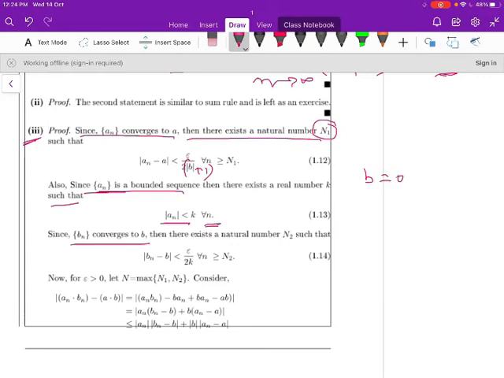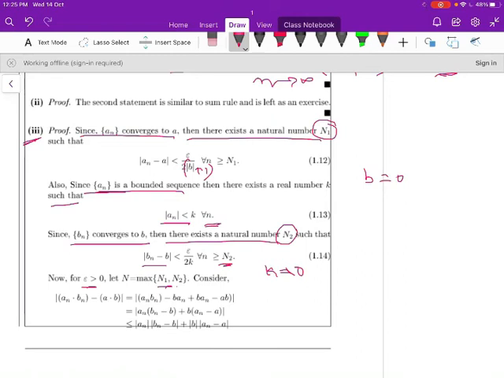Since bn converges to b, where b is the limit point of the sequence bn, there exists a natural number n2 such that modulus of bn minus b is less than epsilon by 2k for all n greater than or equal to n2. Here k is not equal to 0; k can never be 0. Let n be the maximum of n1 and n2.